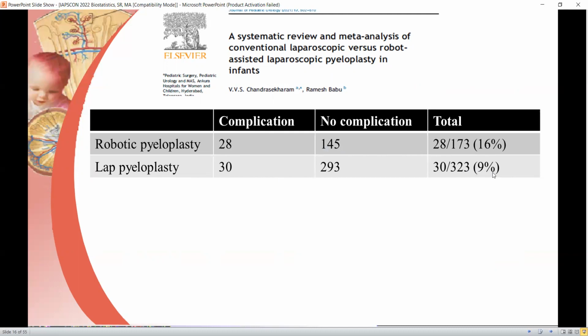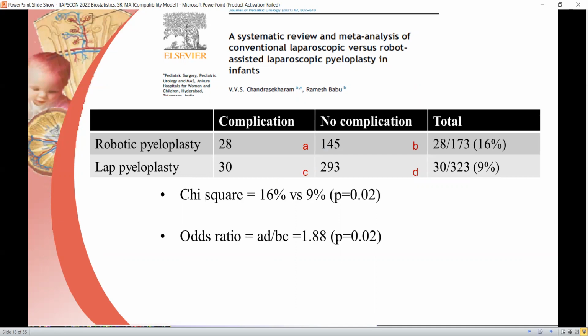So what test to use, whether to use chi-square or odds? You can say that they are two different groups, so we are only comparing two proportions, which are not causing them. So you can still use a chi-square test to compare them. If you do a chi-square, you are basically comparing 16% versus 9%, just that, nothing more. So your significance comes like 0.02, right? So that is also okay.